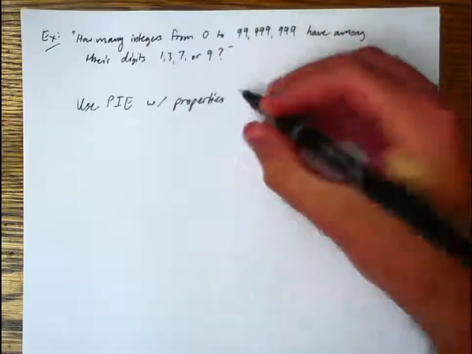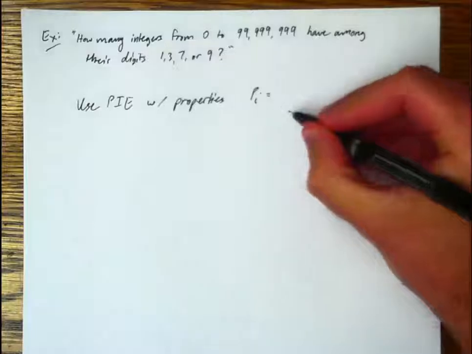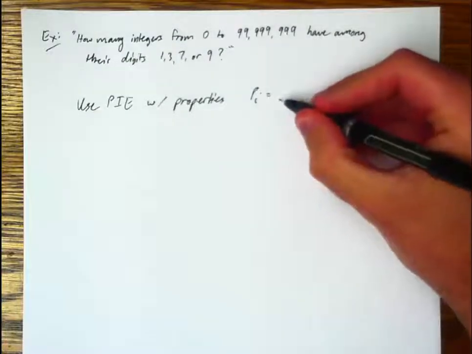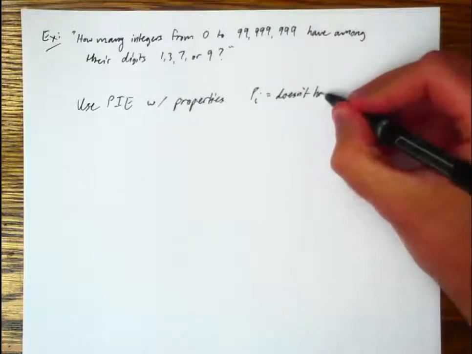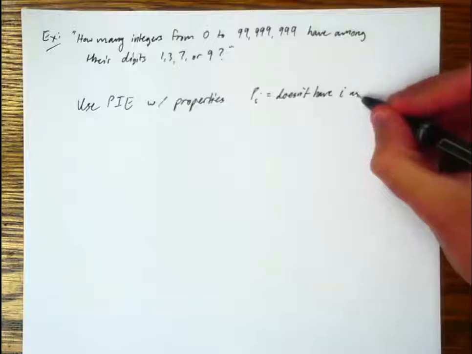We're going to do this with properties p_i, where p_i says about a number between 0 and 100 million: the number doesn't have i as a digit.